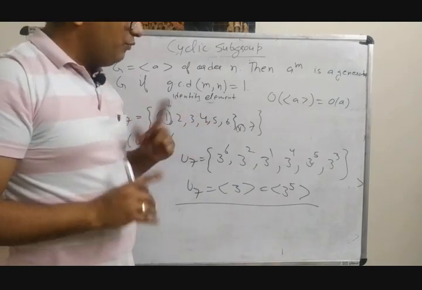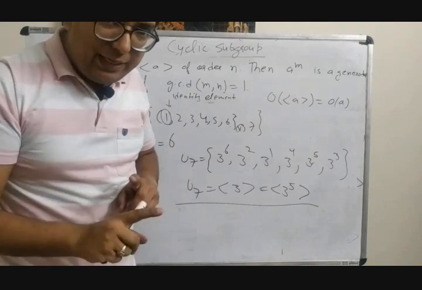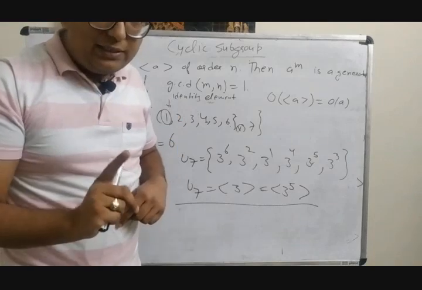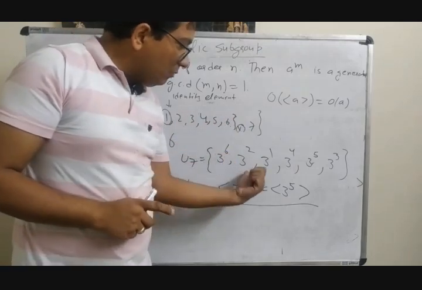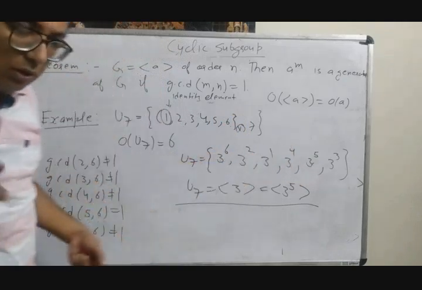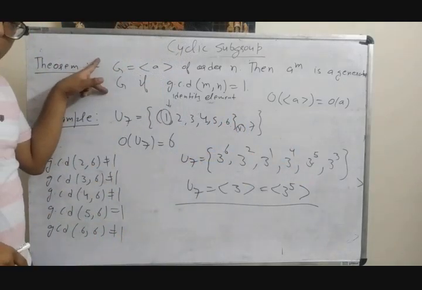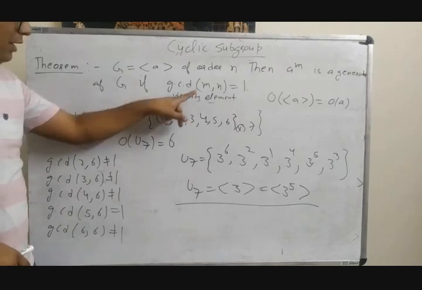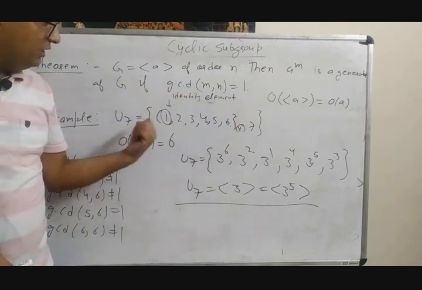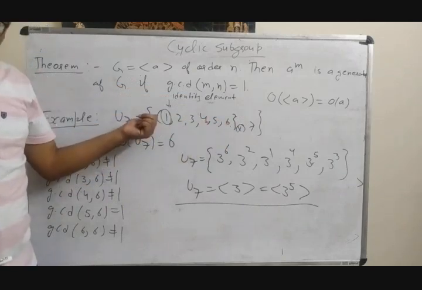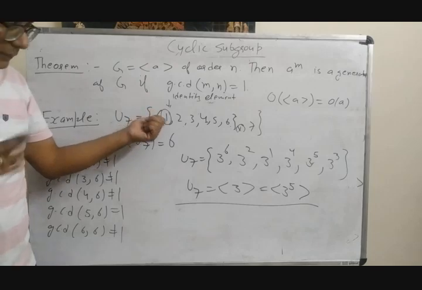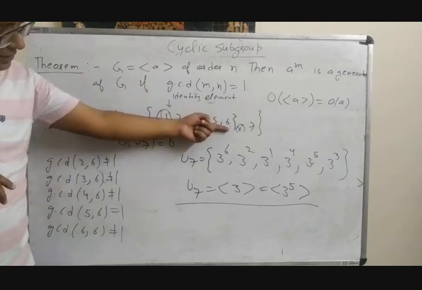So here what have we done? First, we proved that it is a cyclic group. To prove that it is a cyclic group, we wrote each element of this group with the help of 3. To find all the generators, we used this theorem. Here, n is equal to 6, the number of elements in this set.